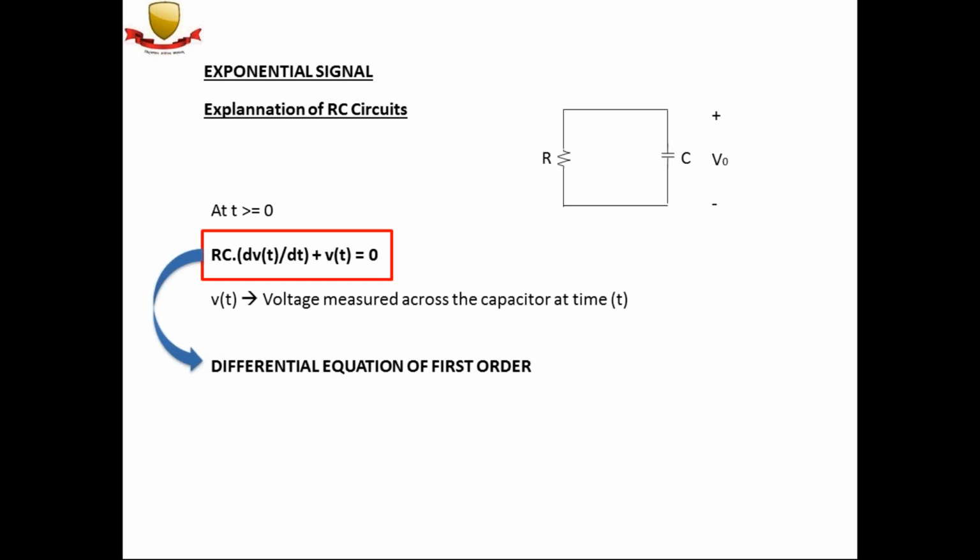First of all, we have charged the capacitor to voltage V0. After that, we have removed the battery. Now current is flowing through the shunt resistor, and the voltage across the capacitor is decreasing. If we solve this first order differential equation, the voltage across the capacitor for t greater than or equal to 0 is V(t) = V0 e^(-t/RC). Here RC is called the time constant.